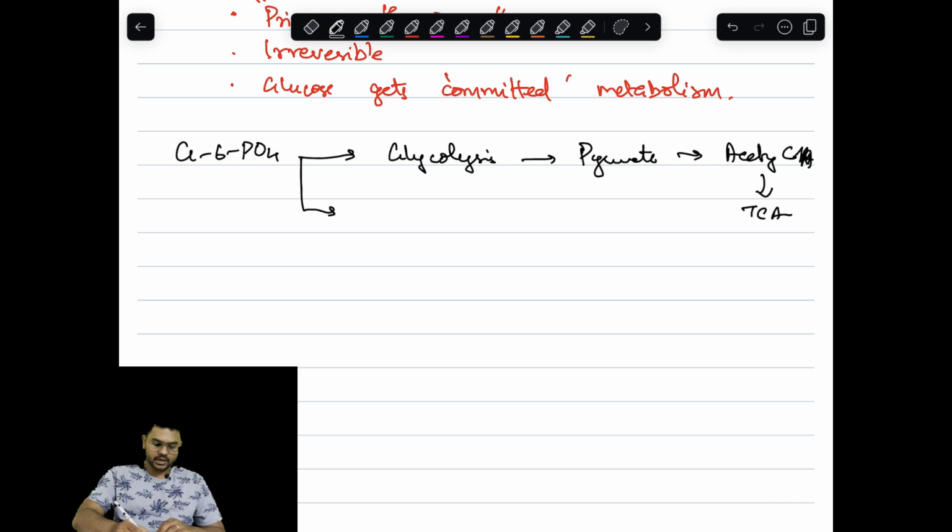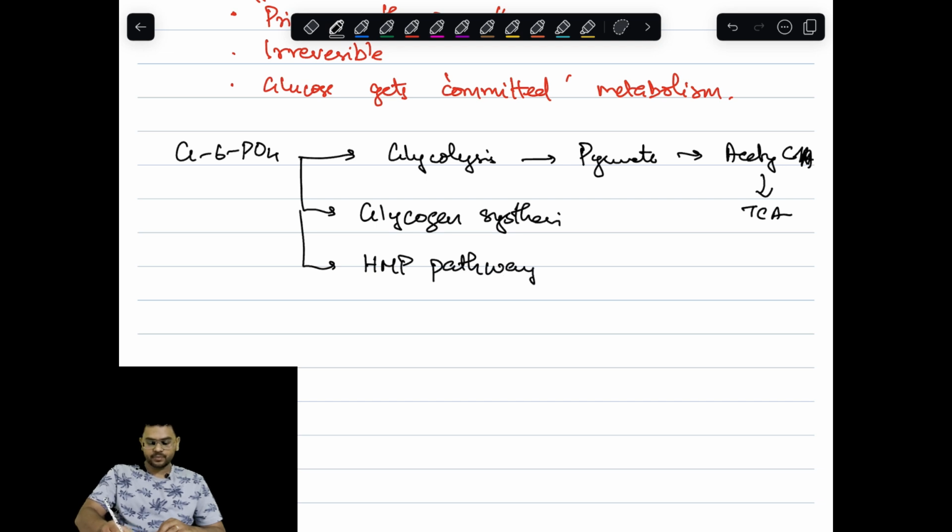So this is one way. Otherwise, this glucose 6 phosphate molecule can be used for glycogen synthesis, or it can enter the HMP pathway.